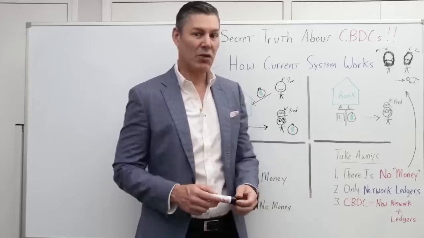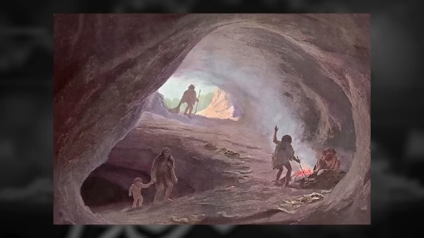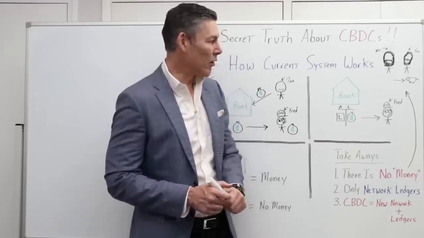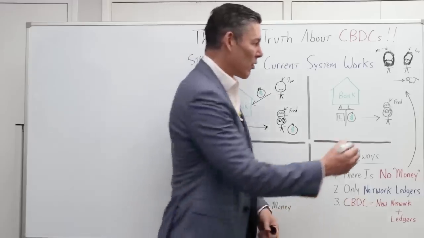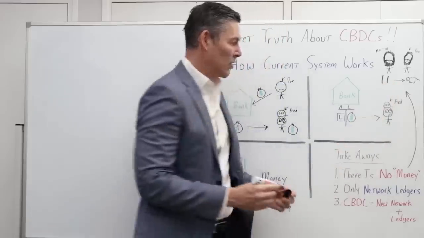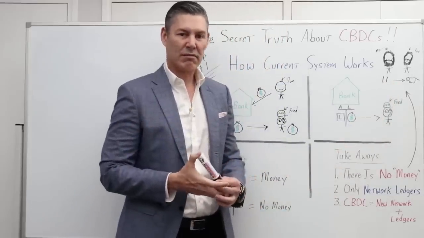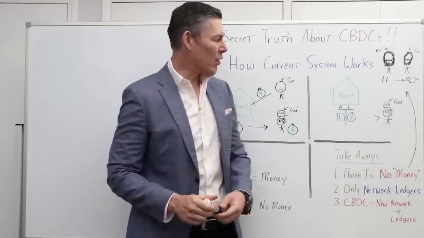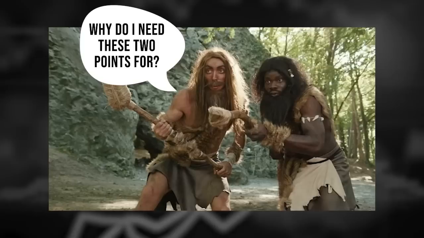Well, they simply go to the nearest cave and go up on the wall and say, okay, Mo, we're going to go ahead and give you 2 points. And Mo says, okay, well, what do I need these 2 points for?